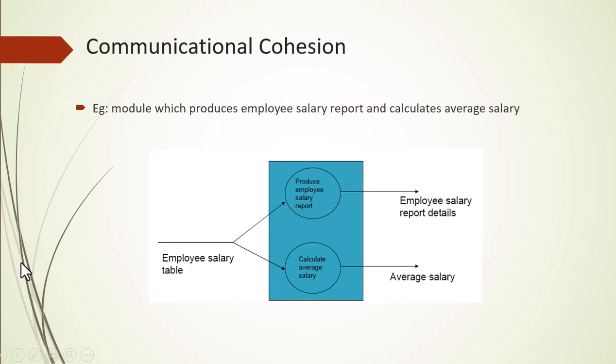If we know the salary report, we can find the average salary. So from this same input, we have originated two different reports. This means there is a communicational cohesion in the different attributes of the salary table.